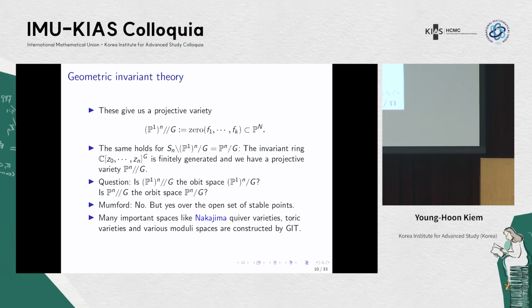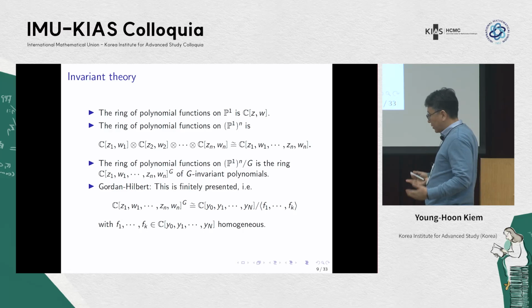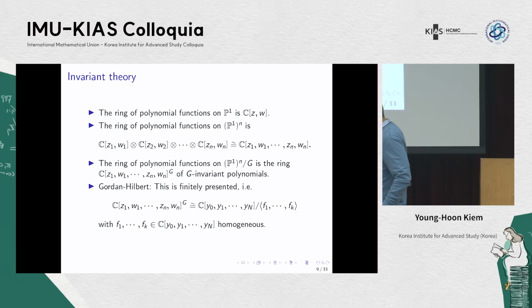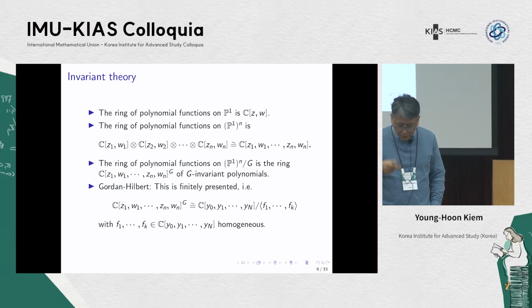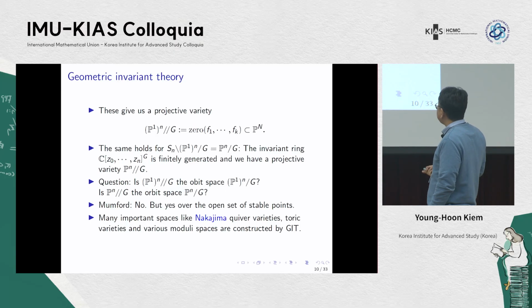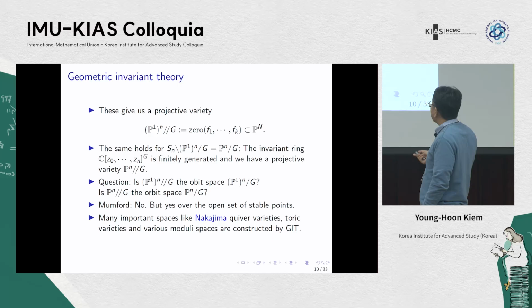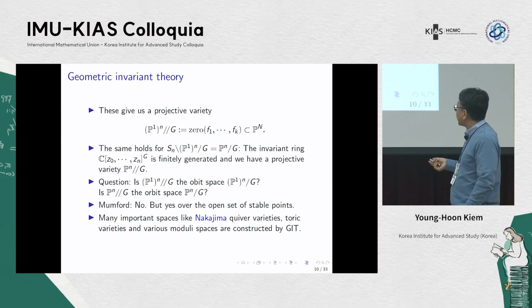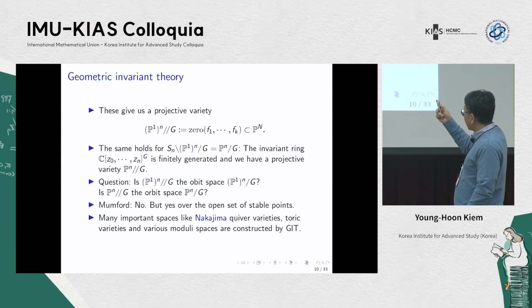Then we have a projective variety, which can be a candidate for a compactified moduli space of n points on P^1 up to change of coordinates. The natural question now is: is this projective variety the orbit space?